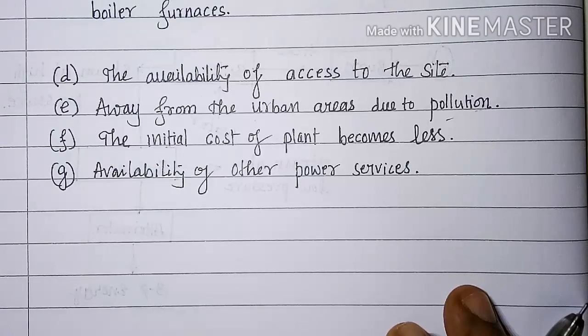Without that, construction becomes impossible. Once the power plant is constructed, power will be generated by the plant and that can be used. But before construction, there should be some other power service available.